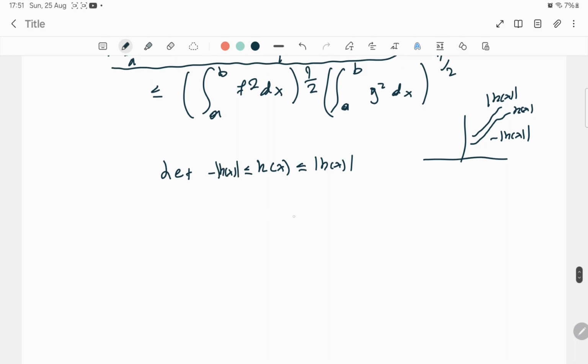Okay? H of x equals f of x times g of x. So it's minus f times g. I obtain this inequality by doing this substitution.